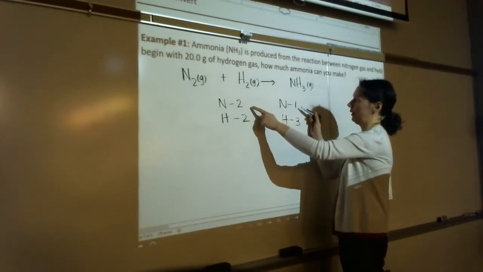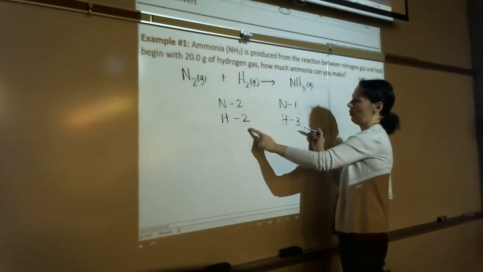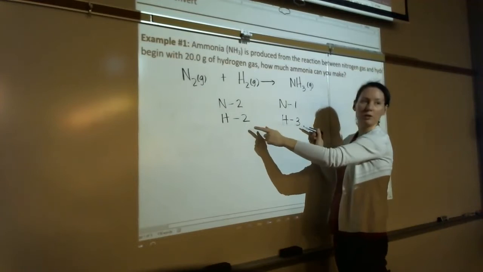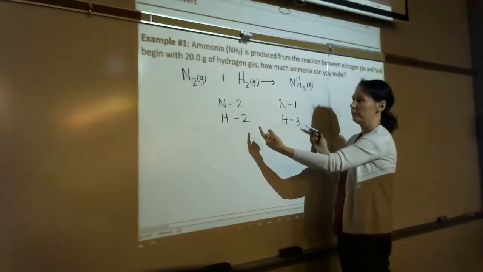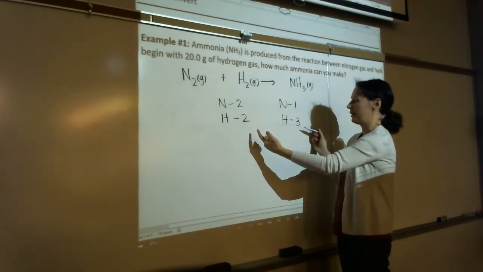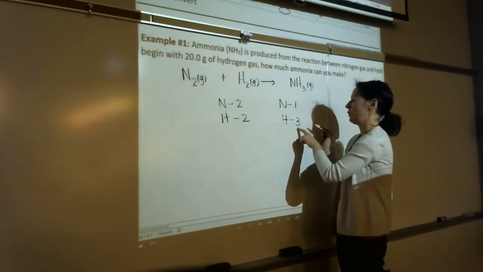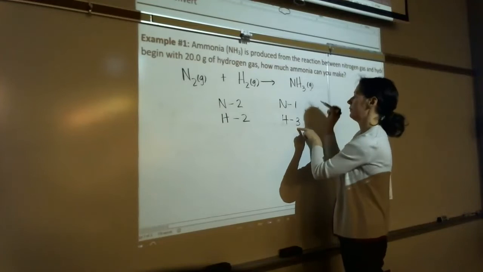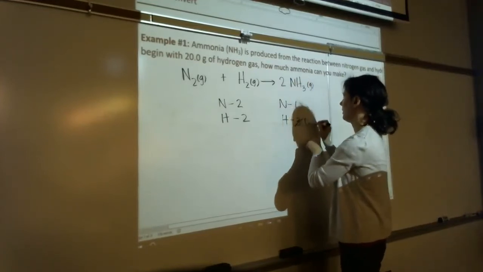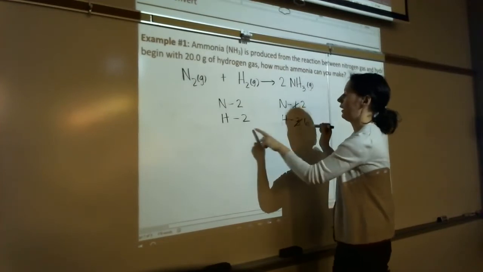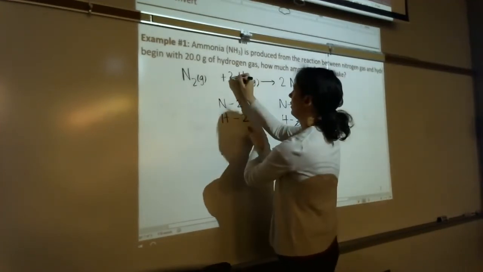Because if this is a 1, that's easy to fix. Can I turn a 2 into a 3 or a 3 into a 2? No, but I can turn them both into what? 6. So if I want to turn this into a 6, what do I do? Multiply the whole thing by 2. Right? 6, 2, and then if I turn this into a 6, 3 there.